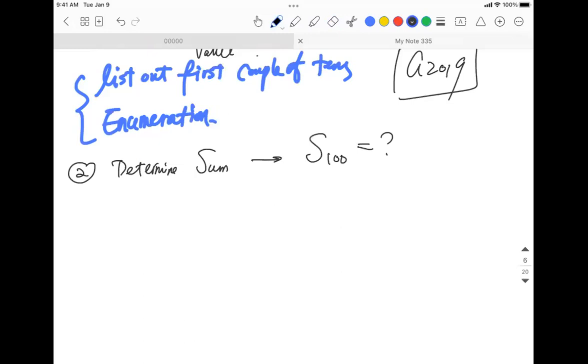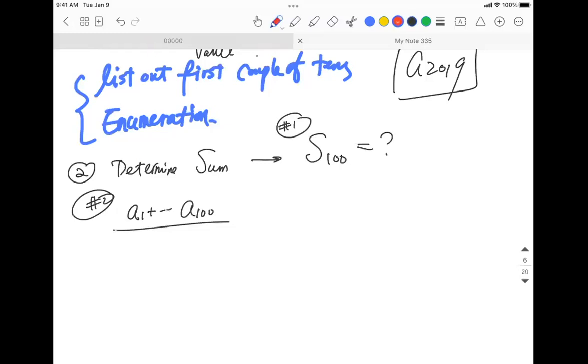That is number one. Number two, the question might be a little more indirect. Let's say the question asks you to determine A1 all the way to A100. This is also the first 100-term sum, right? But there's no way for you to figure out how to add all those 100 terms together.